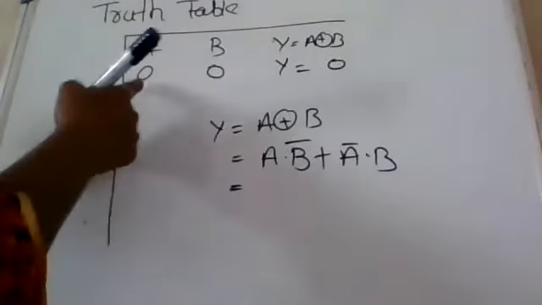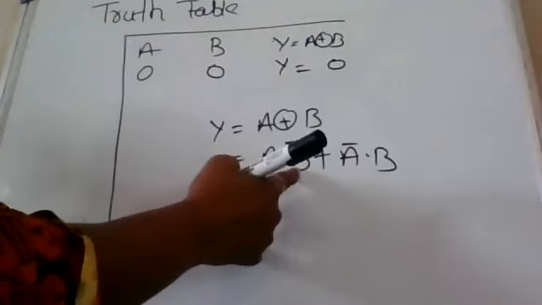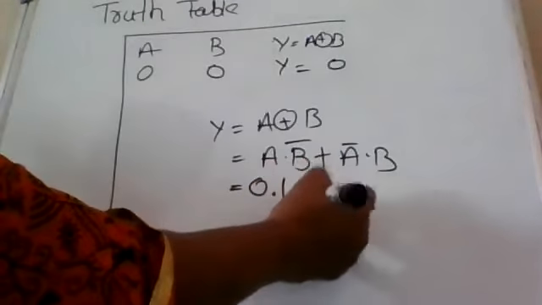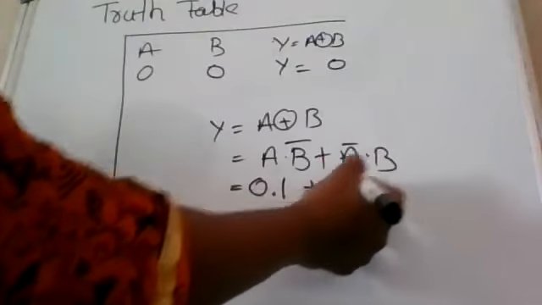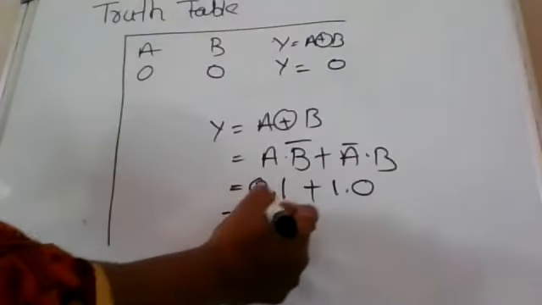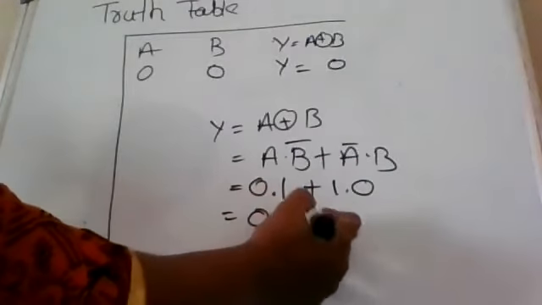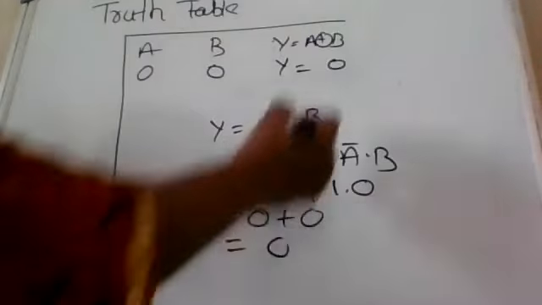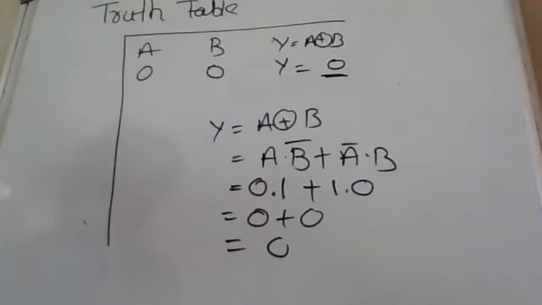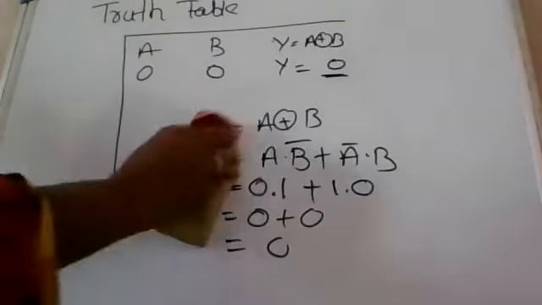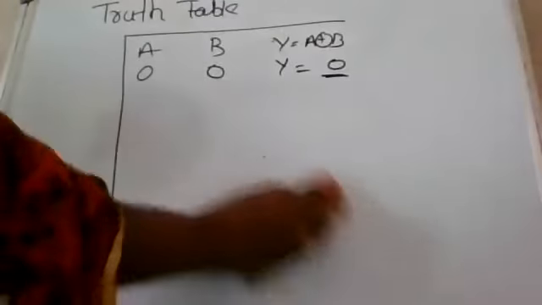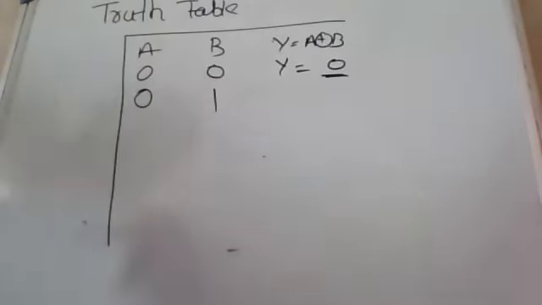So A means 0, dot 0 complement means 1, plus A complement means 0 complement means 1. B, what is the B? 0. 0 dot 1 we get 0. 1 dot 0 also we get 0. 0 plus 0, 0. Next, 0, 1 condition.